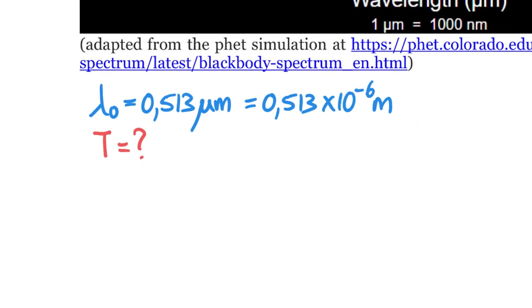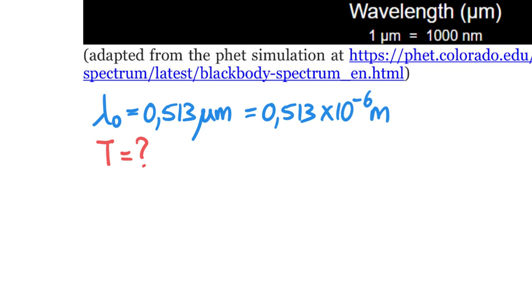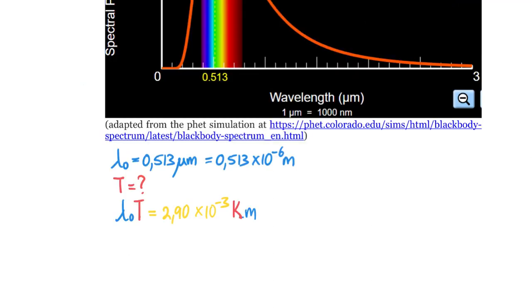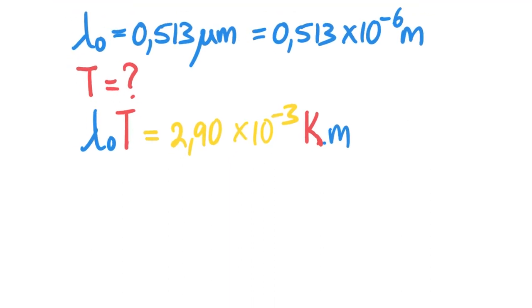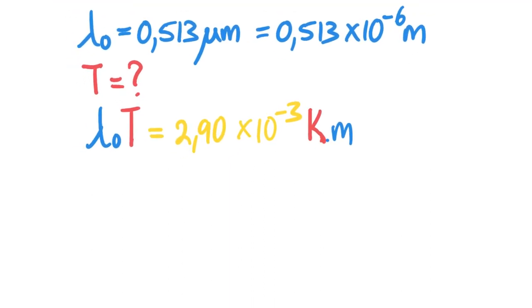So now we are looking for the associated temperature that would produce a black body curve with a peak wavelength at 0,513 times 10 to the negative 6 meters. So we're going to use Wien's law. Wien's displacement law, as we write it down, and remember the displacement we're talking about is the displacement of the peak intensity and the associated wavelength as the temperature of the body varies.